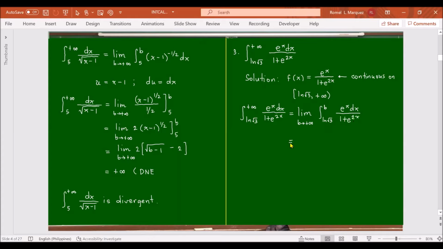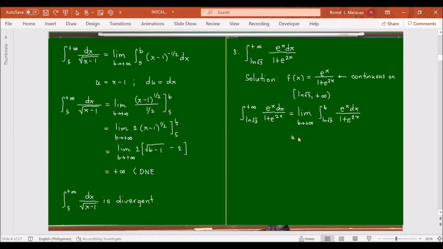So, and this is equal to, how do we evaluate this? We can evaluate this by using an integral leading to an inverse trigonometric function in particular. So an integral leading to inverse tangent, okay?